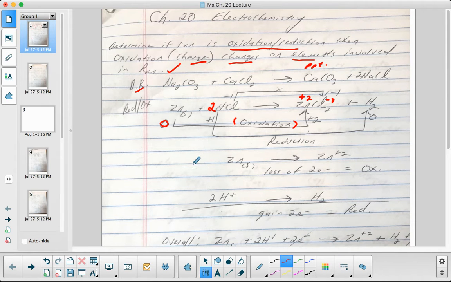So the process of losing electrons is called oxidation. Gain of electrons is called reduction.